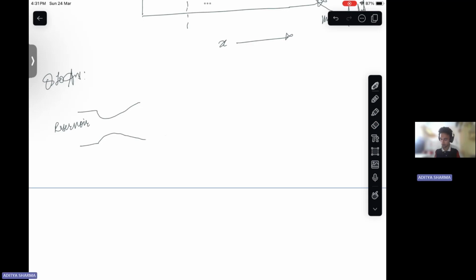Let's try to draw it more straight. Then we have our supersonic diffuser, right?